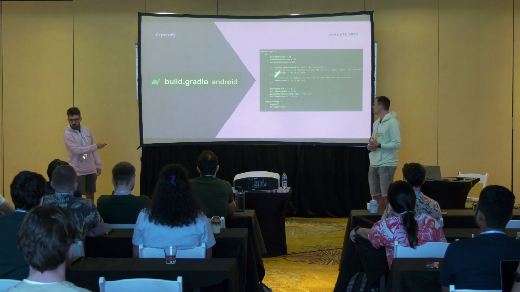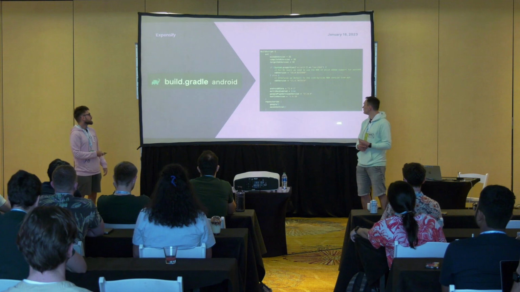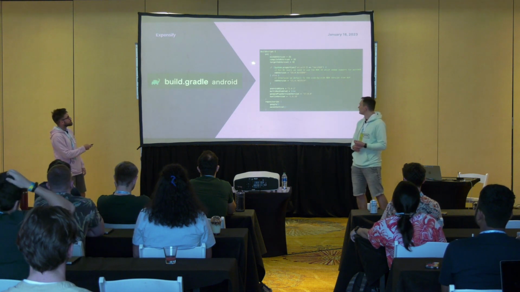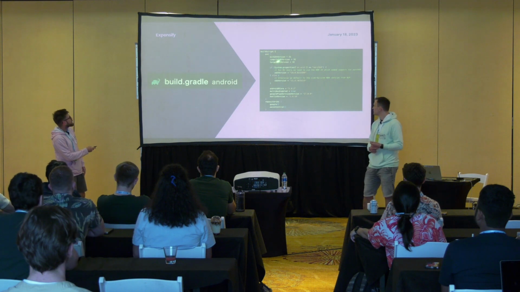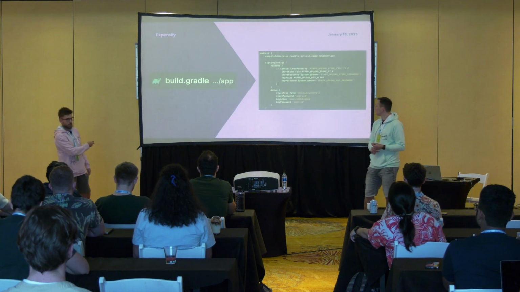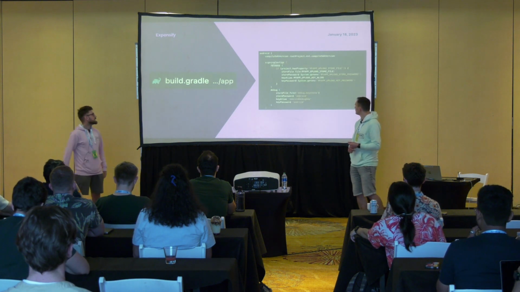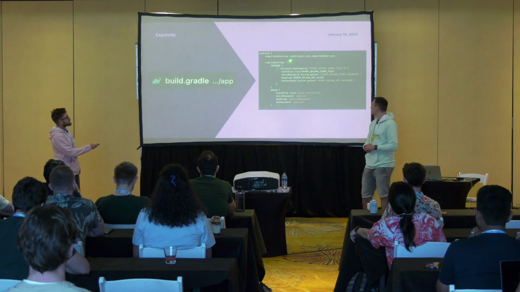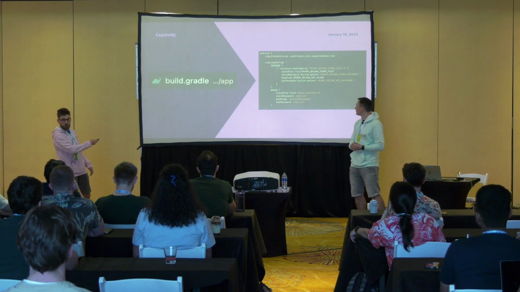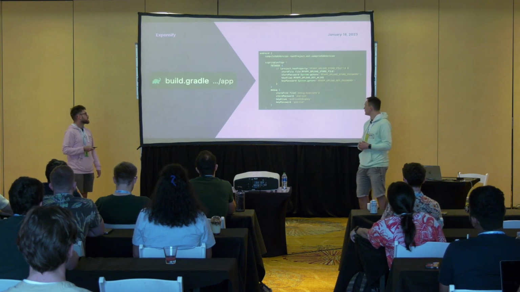This code is from the ExpensiConX repository. And I would like to point out one thing: for example, here you can see something like ext with compileSdkVersion. So when we go to another build Gradle, the app build Gradle, which is the actual application, you can see that there is something like rootProject.ext.compileSdkVersion. So that's where it came from.